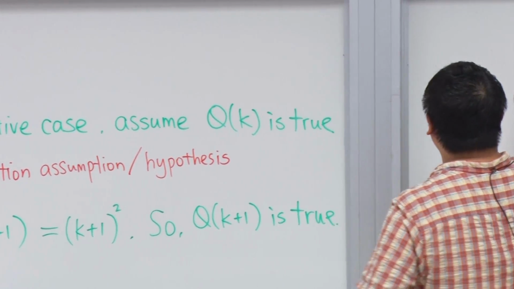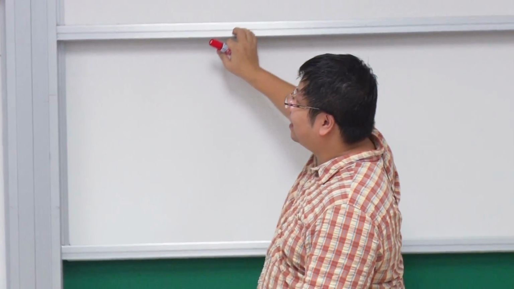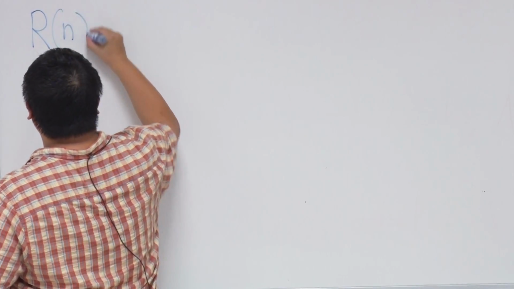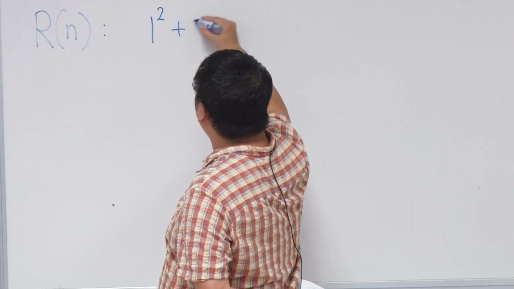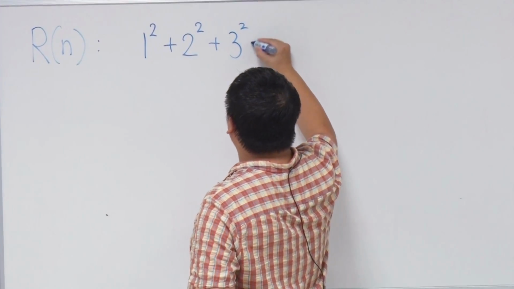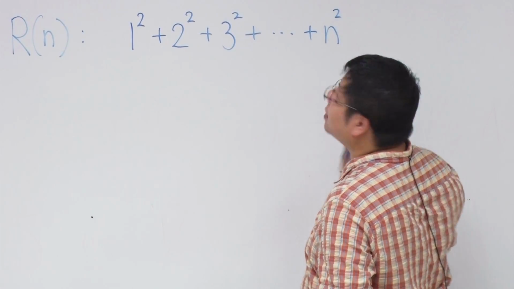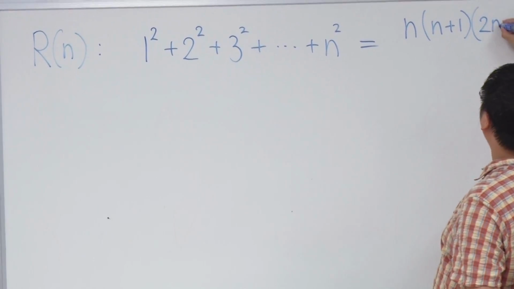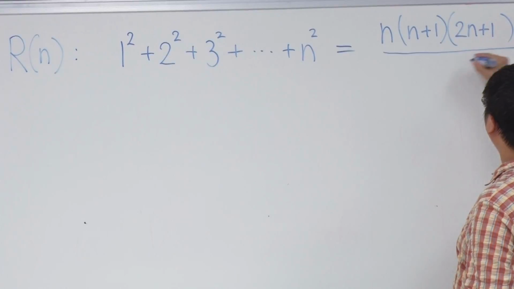Let's do one more. Let's do this one. How about this time, let's have R. Let's say R represents the statement that 1 square plus 2 square plus 3 square, up to n square, will be equal to n times n plus 1 times 2n plus 1, divided by 6.